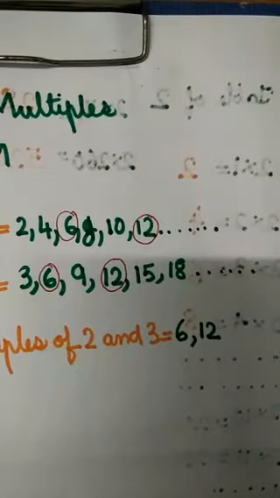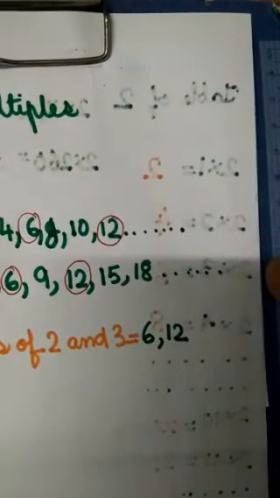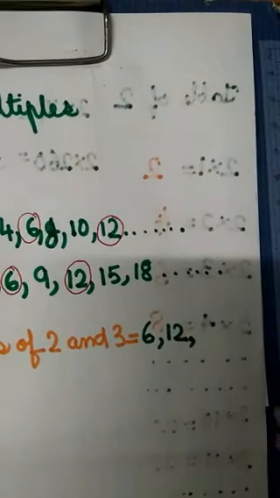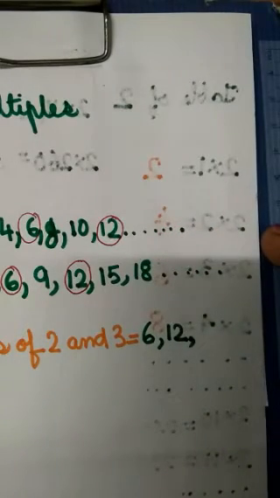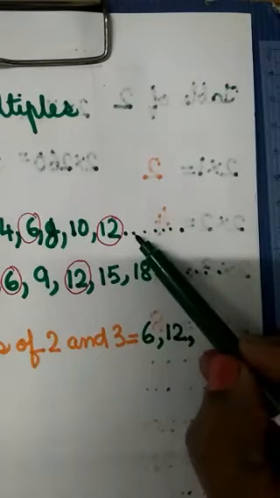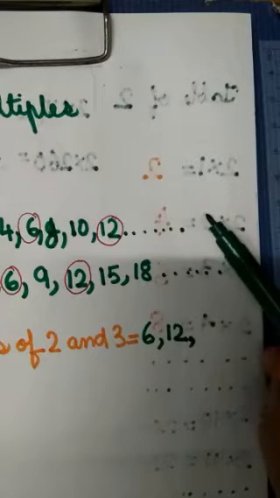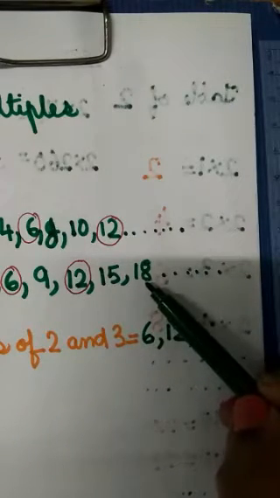But children, can you guess the other ones? I have not written many, but can you guess कि अगला common multiple कौन हो सकता है? If I had written this one even longer, तो क्या होता? 12, what would have been the next number? 14, 16, 18, isn't it? So 18 will come in the table of 2 and 18 comes in the table of 3 also.